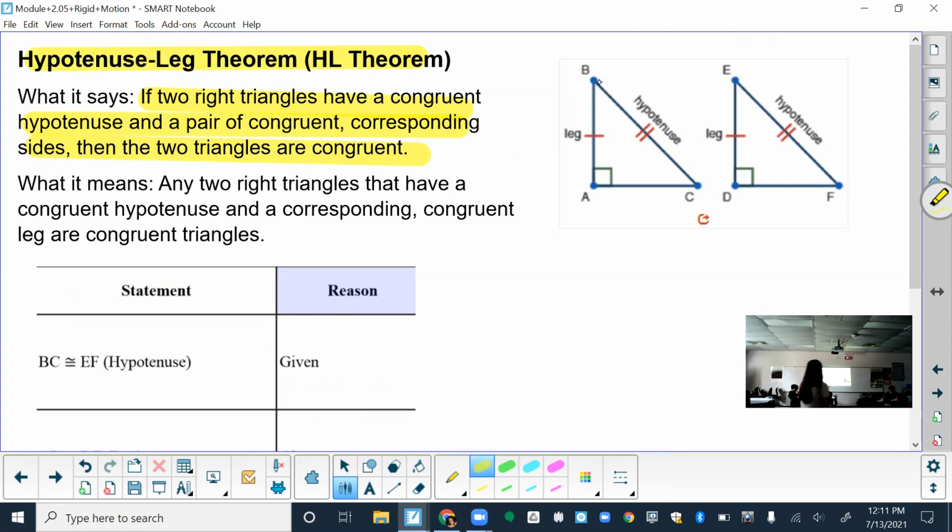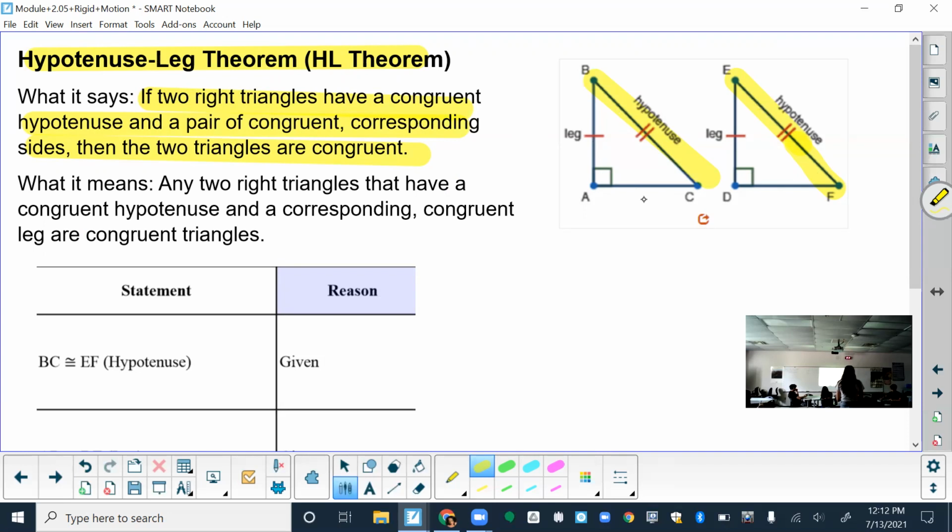All right, so look at the example here. We have BC and EF are congruent to each other, which you can tell by the hash marks. And then in order to prove that they're congruent, we just need at least one leg to be labeled.